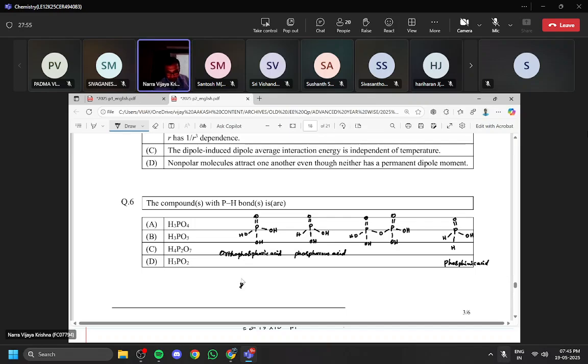I am writing again: this is 1 molecule, this is the second molecule, and I am removing H2O. If I remove H2O, there will be a bond between P, O and P, right? Then we call it pyrophosphoric acid.